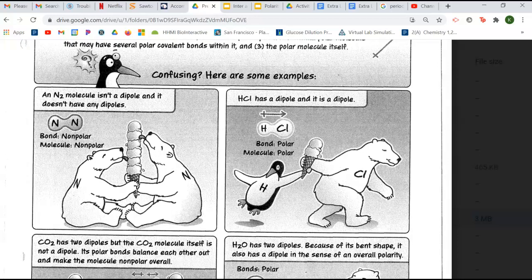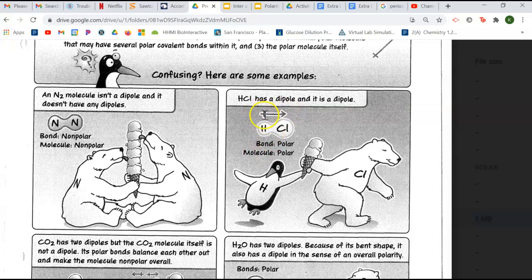Let's start with the nitrogen on the left. In this case, it is a nonpolar molecule because remember that tug and pull is equal. They equally share the electrons, so there's not one region that's more positive or negative. However, for the HCl, which is here on the right, remember this is where you have a stronger electronegative atom, and it's pulling the electrons towards it. So what we want to do is show a vector where we're showing where the pull is happening.